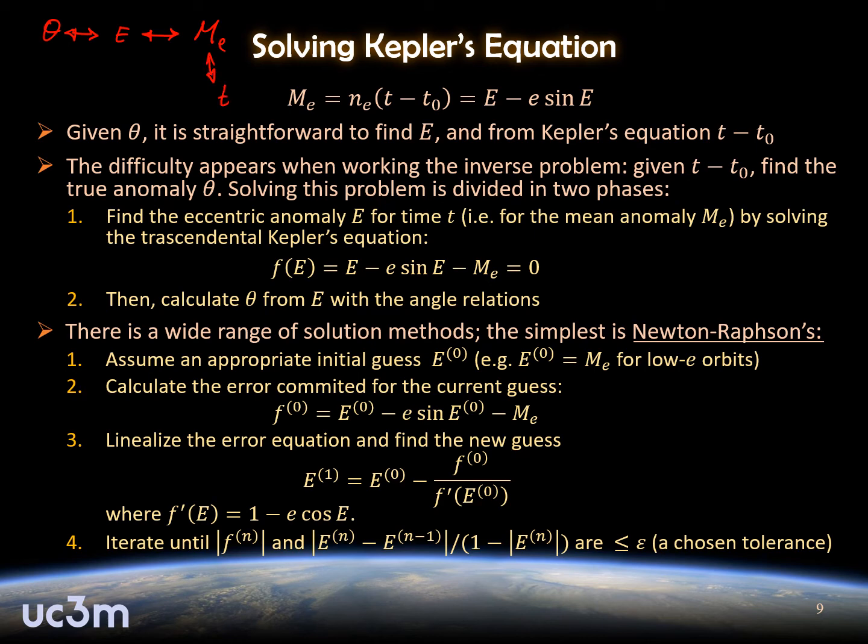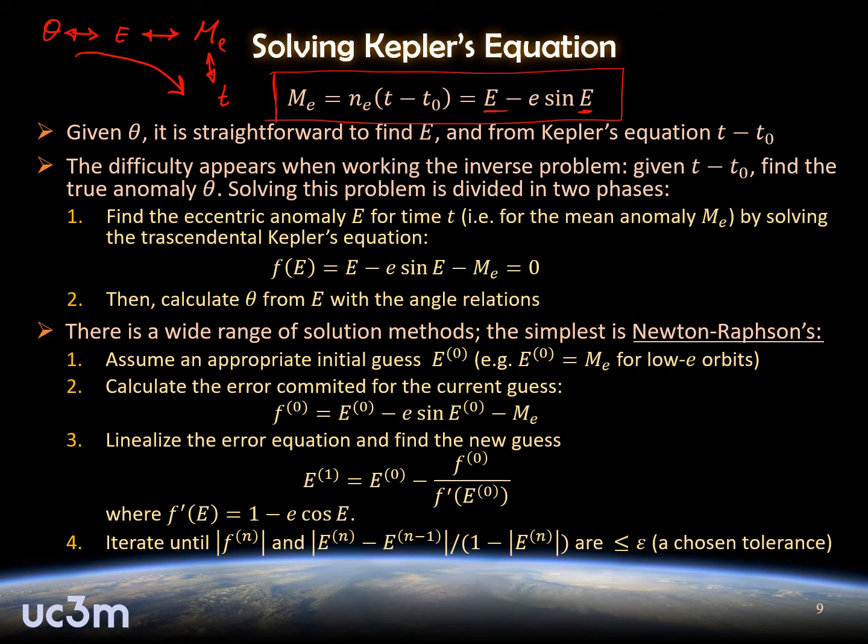This direction poses no problem, because going from theta to E is a matter of using an analytic formula, and going from E to M_E actually uses Kepler's equation in the easy direction. So you just input your values here, and you compute M_E, and you are done. And once you have M_E, which is your non-dimensional time, you have your time.